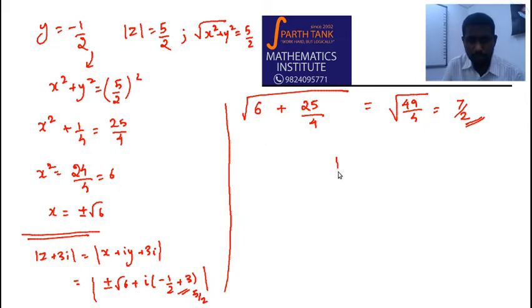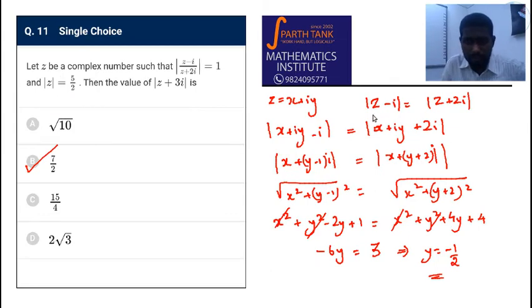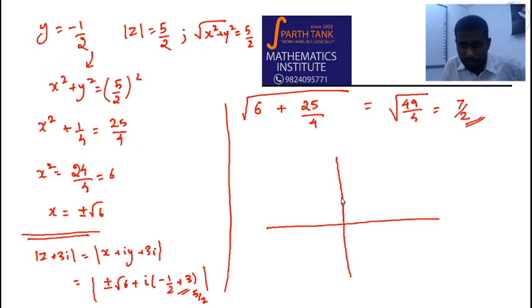Now you can do this also a bit quickly using some geometry. See, basically what this means is mod of z minus i is equal to mod of z plus 2i, meaning the distance between the point i and minus 2i is the same, which is the perpendicular bisector. If you remember, such things are perpendicular bisectors between these 2 points, that is between i and minus 2i. And that perpendicular bisector is nothing but this plus this by 2, right?